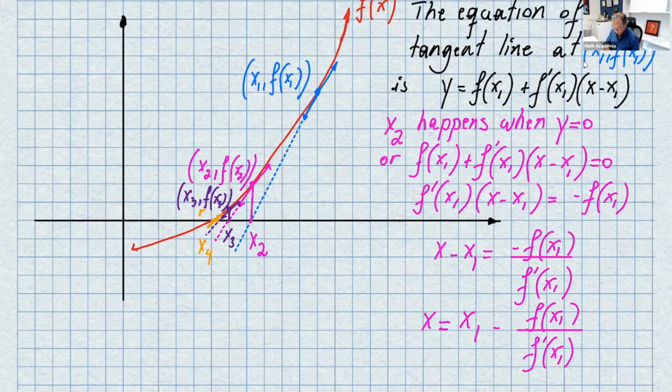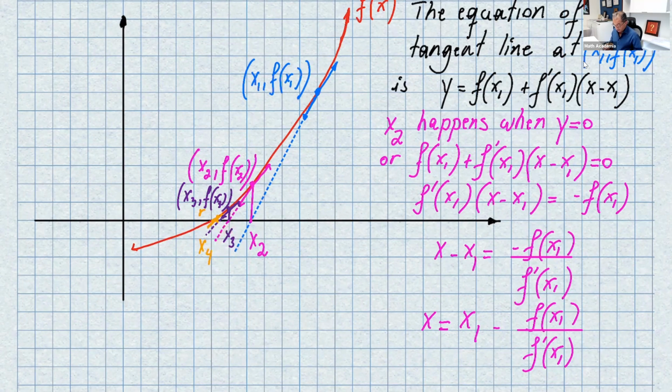Then look at the graph now. If I go and hit f of x again, I can create another tangent line here. So now I can say that point is x2, f of x2, and I can put the equation equal to 0. So the line is going to hit the x-axis, and I can call that x3.